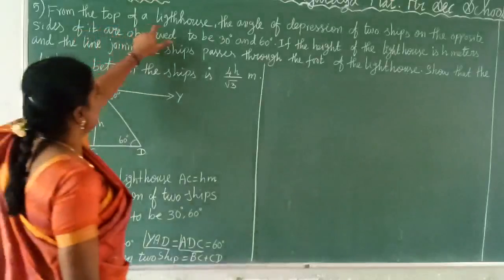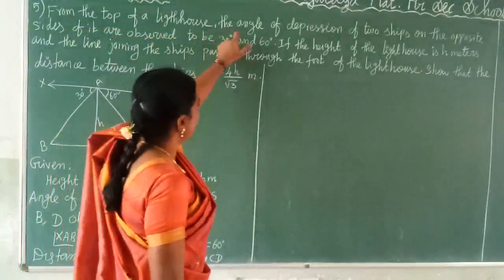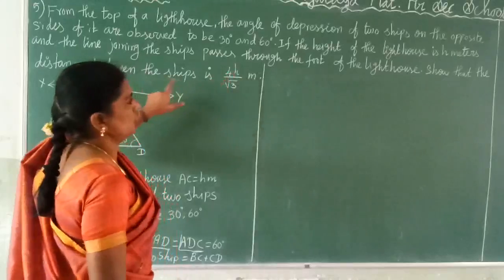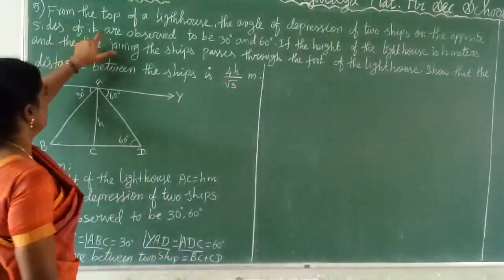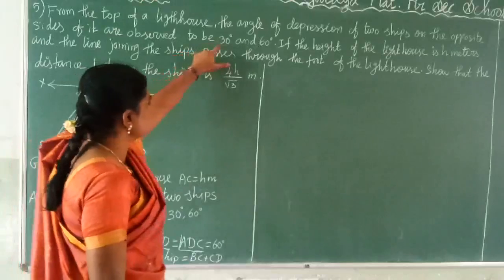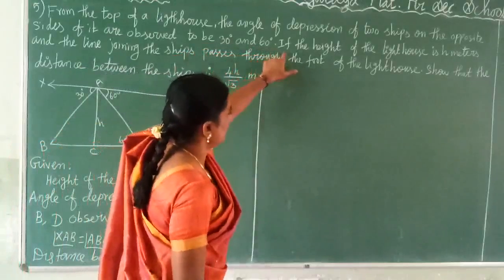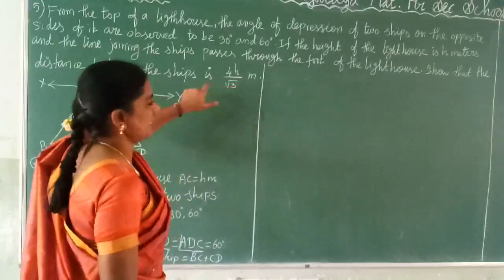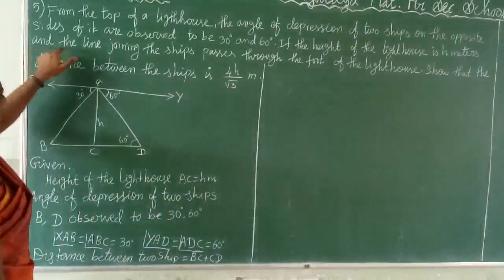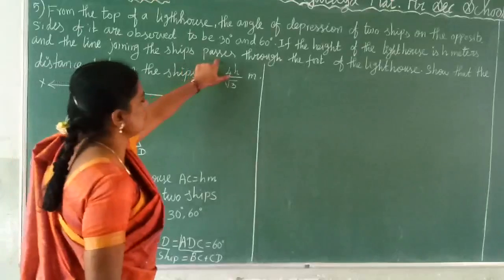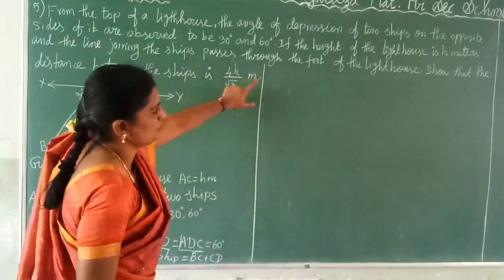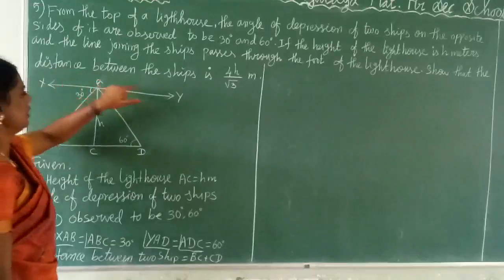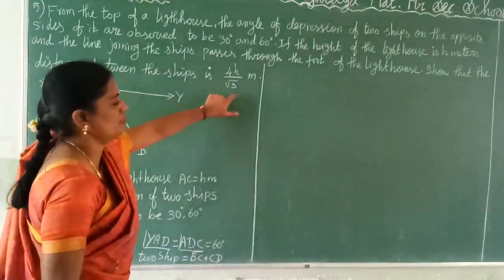Now we see the fifth question. From the top of a lighthouse, the angles of depression of two ships on the opposite sides of it are observed to be 30 degrees and 60 degrees. If the height of the lighthouse is h meters and the line joining the ships passes through the foot of the lighthouse, show that the distance between the ships is 4h√3 by 3 meters.